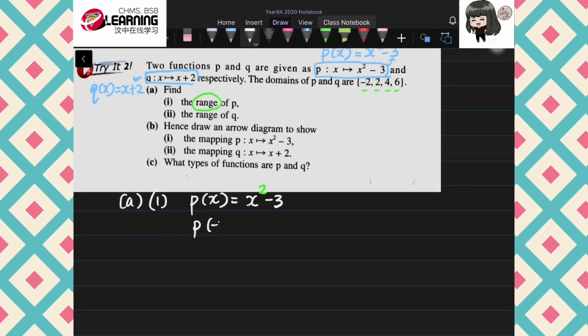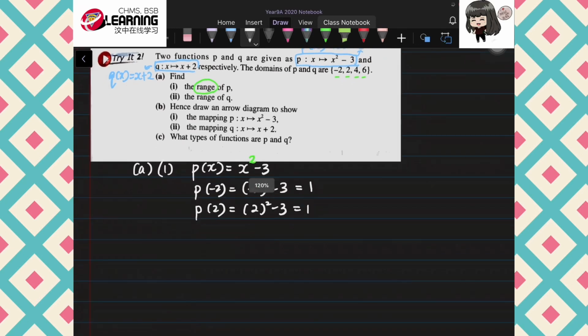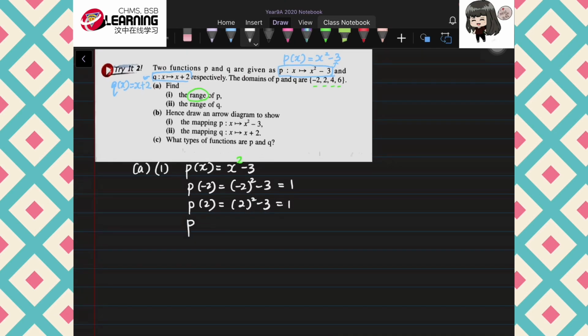When your object x is -2, you sub it into the function and we get 4 minus 3, which is 1. If we sub in 2 as your input, 2 squared minus 3 also gives you 1. And when you sub in 4 as your x, 4 squared minus 3 equals 13.